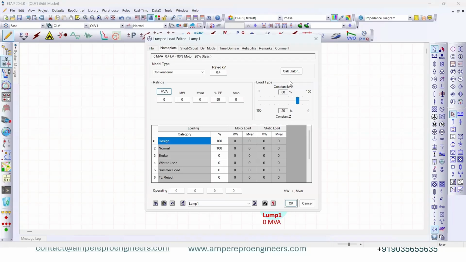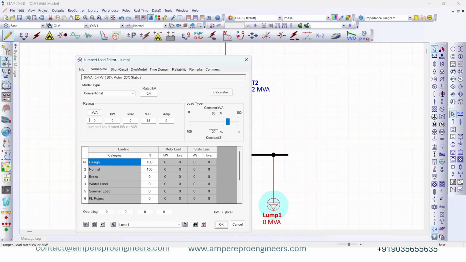Constant kVA means constant power, which is the motor load. So in this case, we will assume there are some motor loads, 2 MVA. Let's give 1600 kilowatts, and let's say this is 80 percent of that.